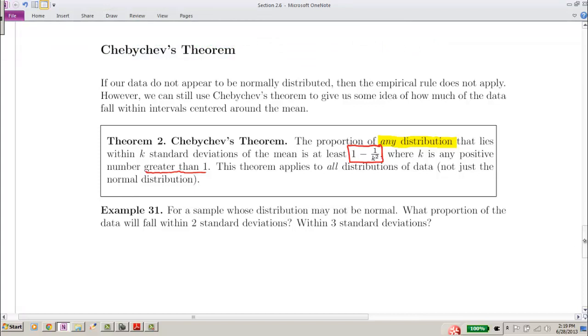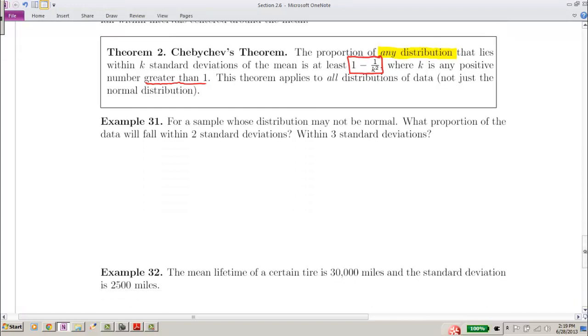So in example 31, for a sample whose distribution may not be normal, what proportion of the data will fall within 2 standard deviations? So if k is 2, Chebychev's theorem says that the proportion that will fall within 2 standard deviations is 1 minus 1 over 2 squared.